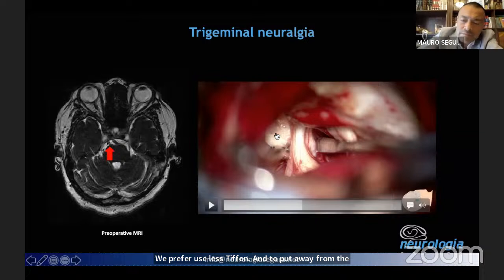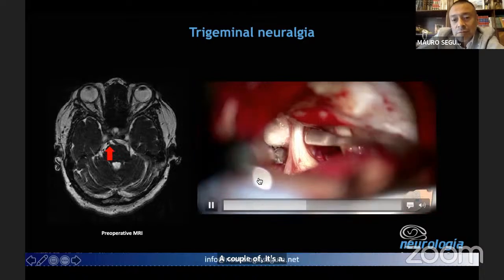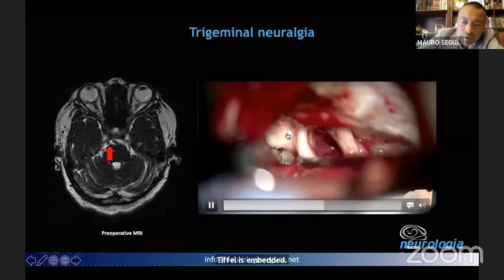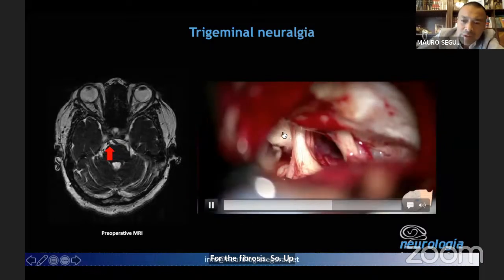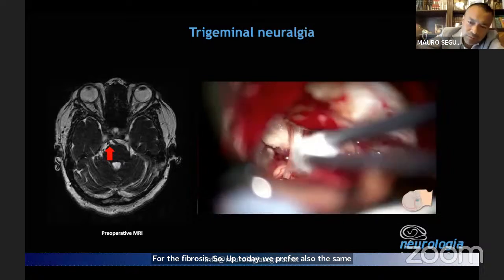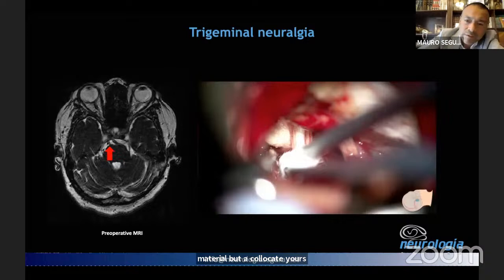In the last two decades, we have found a couple of granulomas. It's a long-term complication after the Teflon is invaded by fibrosis. So up to date, we prefer the same material, but placed away from the nerve.